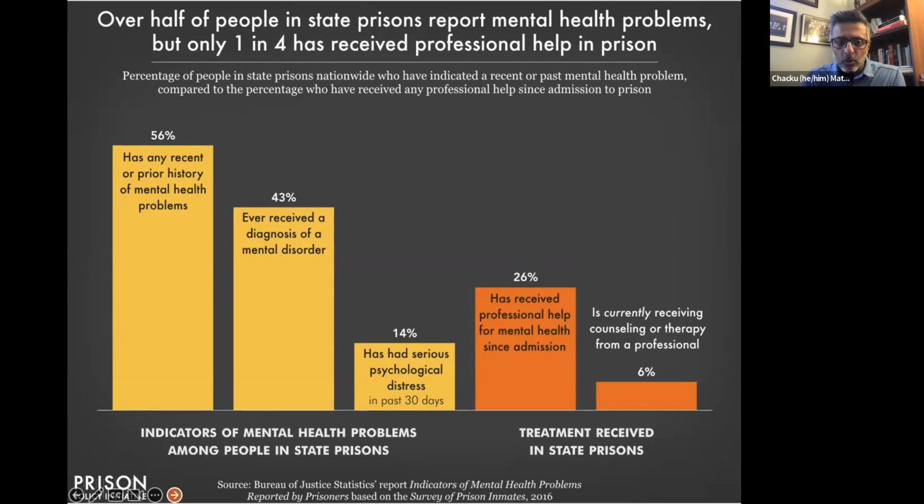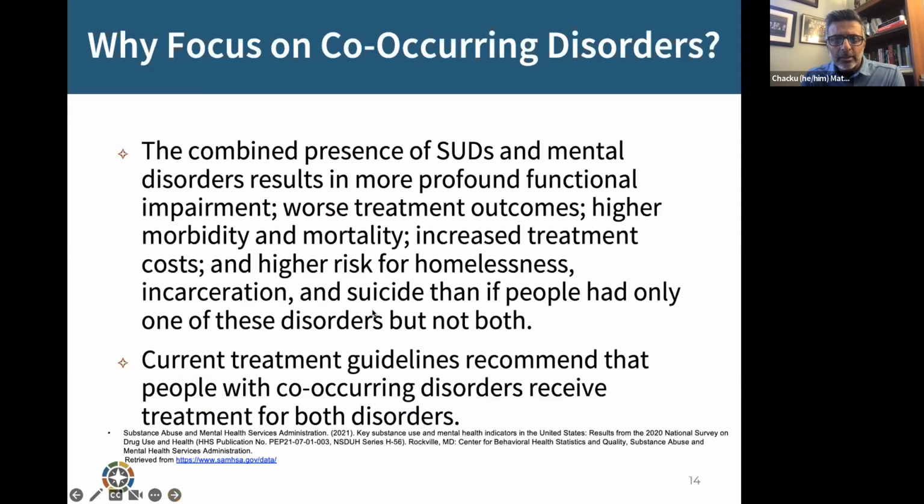Absolutely. So that's the whole point. One of the entry points is that, as a result of co-occurring disorders, we see a lot of these issues: treatment outcomes not being as good, functional impairments, people dying earlier than everyone else, higher treatment costs, higher risks for homelessness, repeated incarceration, suicide.